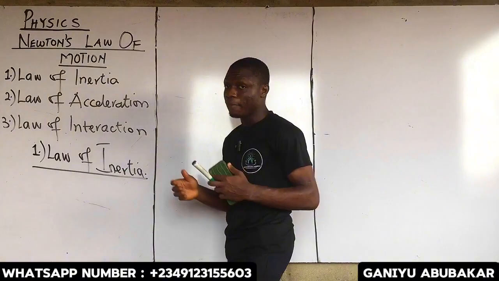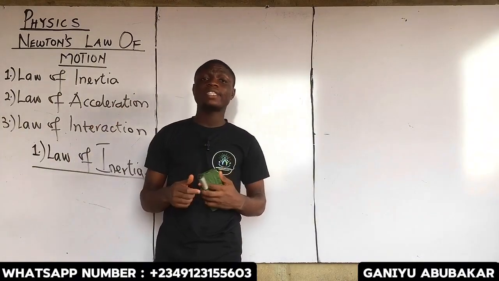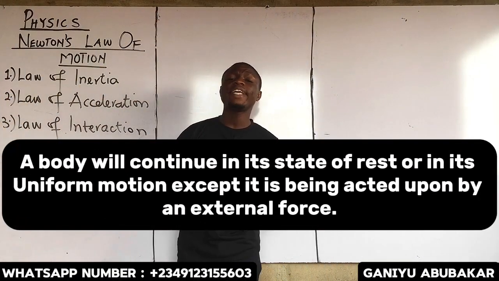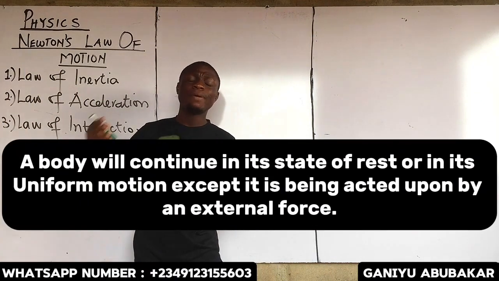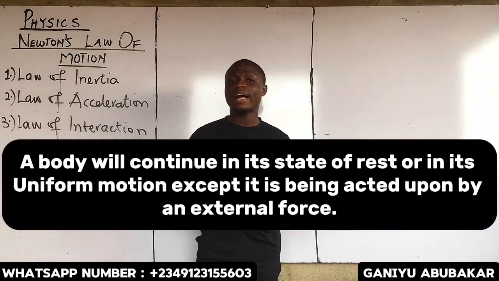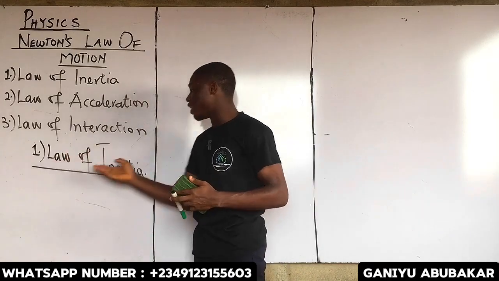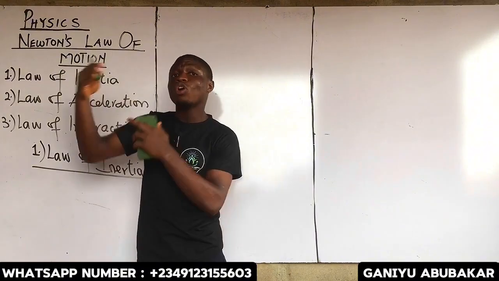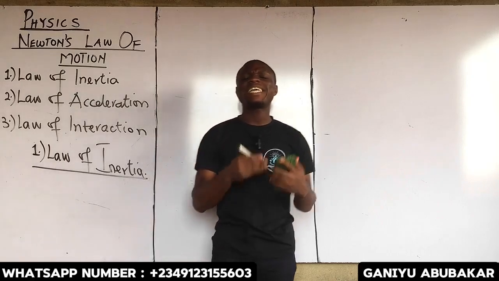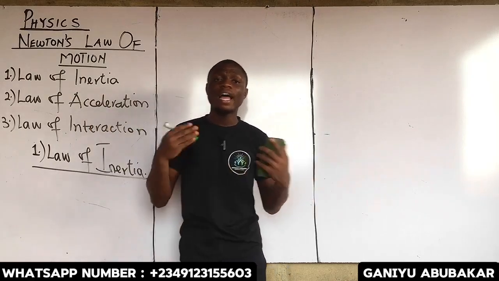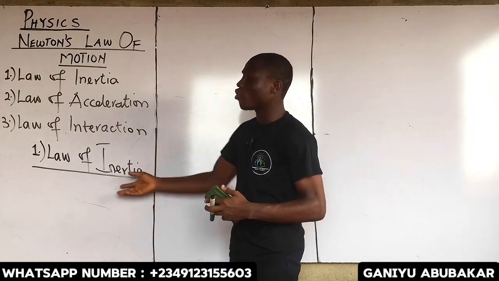By definition, the law of inertia, also called the first law of motion, states that a body will continue in its state of rest or its uniform motion except it is being acted upon by an external force. That's the first law of motion.